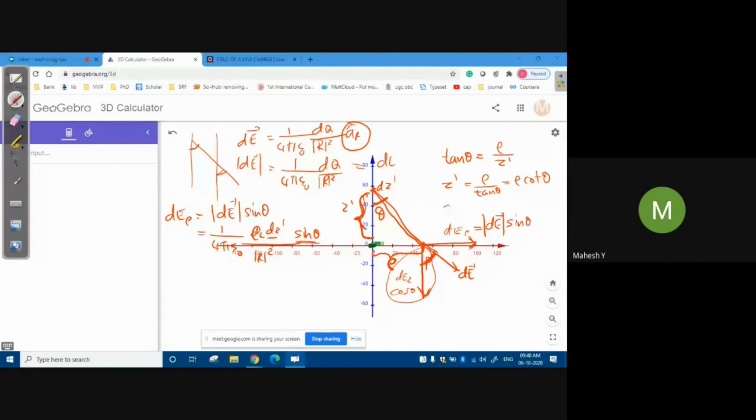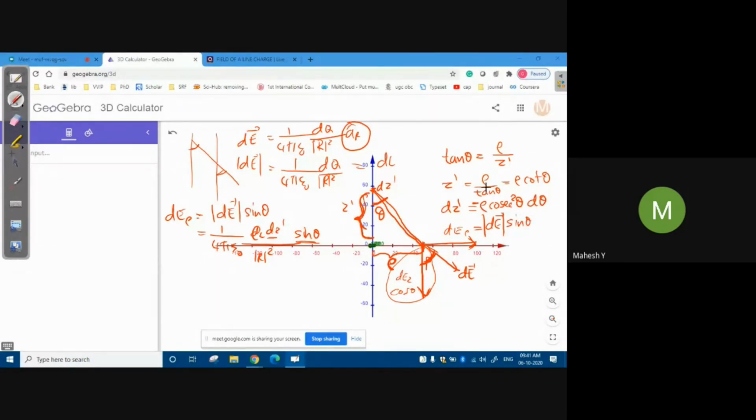So what is dz prime? Because z prime I got, I have to change dz prime. So what is dz prime? Derivative of rho, it is constant with respect to theta. So what is the derivative of cot theta? Minus cosec square theta, right? d theta. Okay.